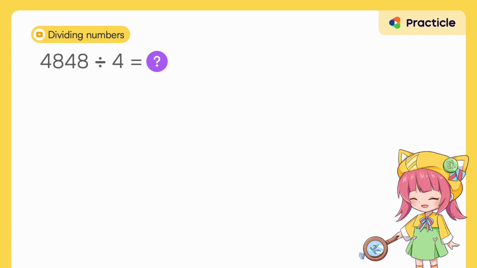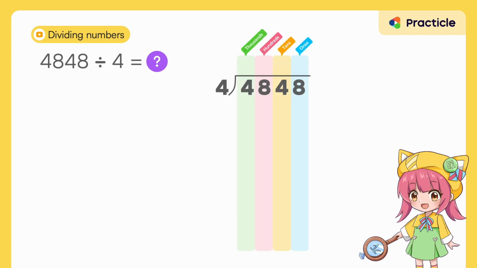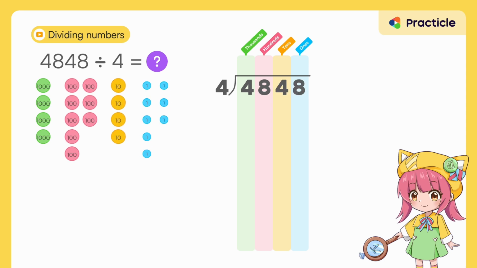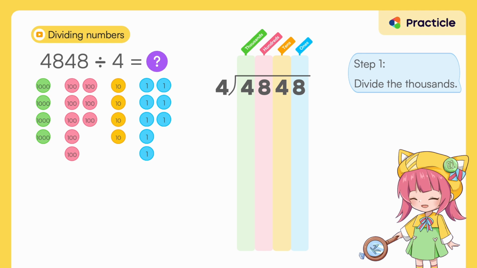Let's divide 4,848 by 4 by doing the working. 4,848 is made up of 4 thousands, 8 hundreds, 4 tens, and 8 ones. Where should we start dividing? Yes, let's start dividing from the greatest place value.